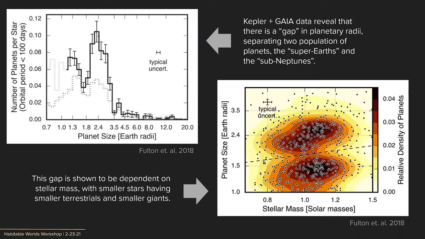And the rocky cores that are large enough will be able to hold on to and retain a decent amount of their hydrogen helium envelopes, creating something like a smaller version of Neptune in our own solar system.